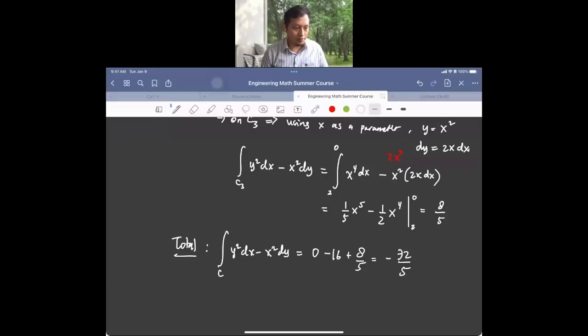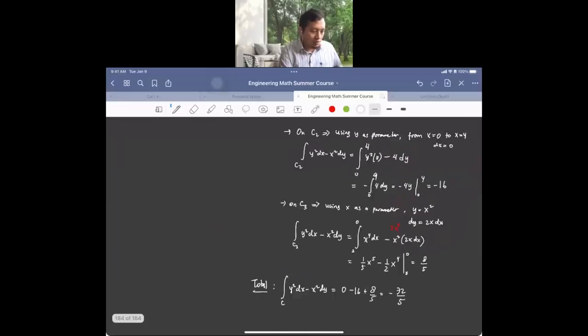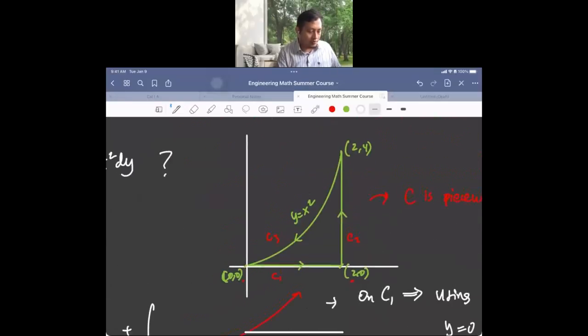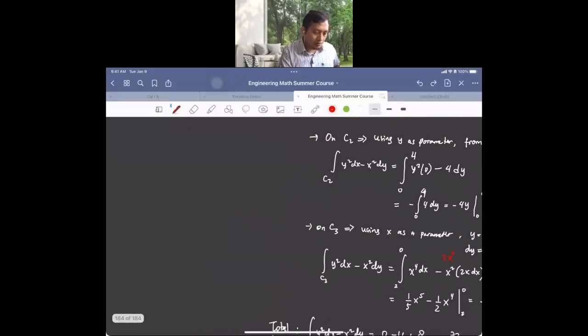So what does negative mean? If we see how we deal with this curve, we start from the origin, go to the right, go upwards, and it goes back. But we could start from here also, right? We could start from there also.